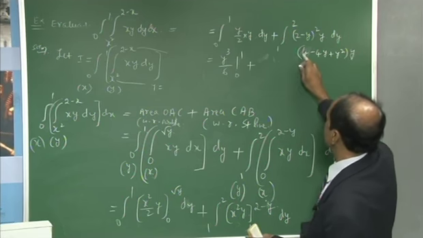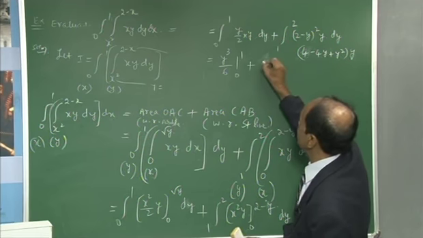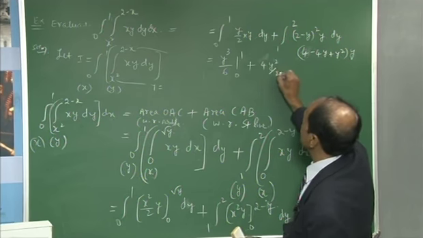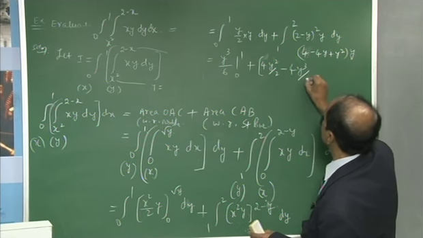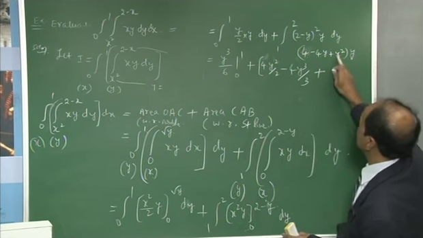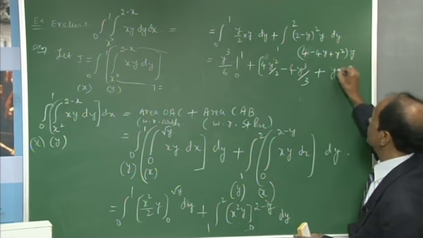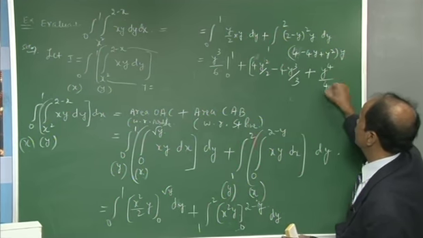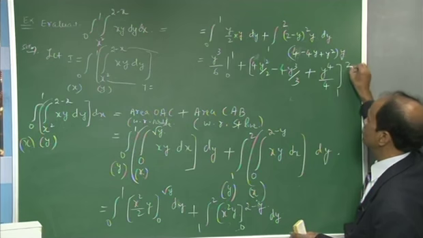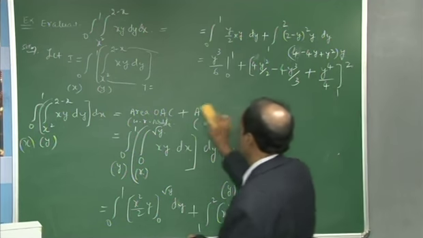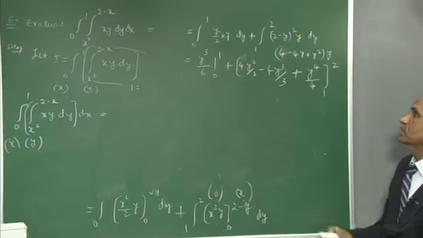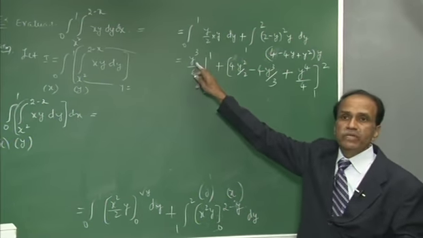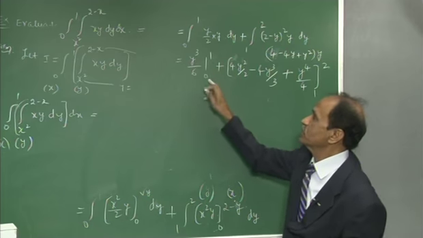After integration, if you take it at once, it should be 4 times y square by 2 minus 4 times y cube by 3, plus y square into y is y cube, and integration gives us y to the power of 4 by 4. This is between 1 to 2. So you are replacing y equal to 1 and y equal to 0.